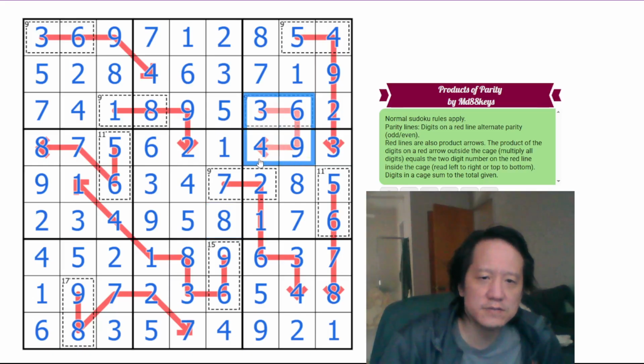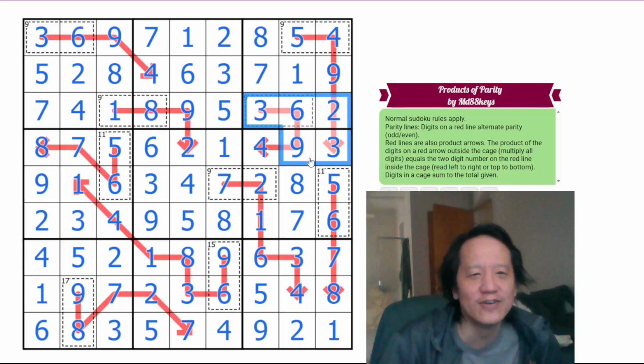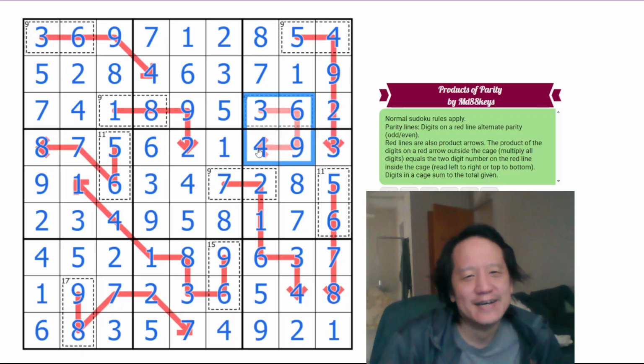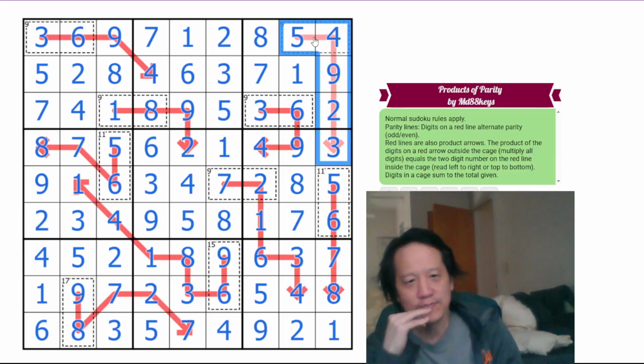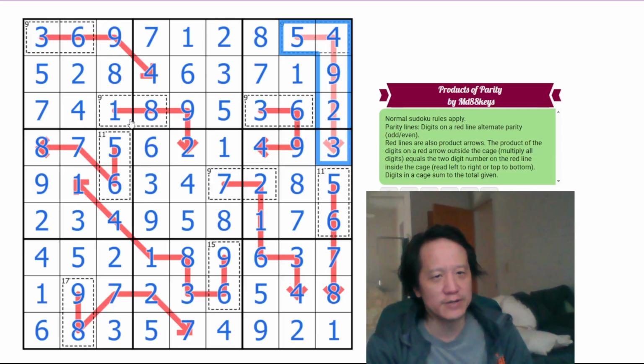Oh, I didn't even look at the parity. I just completely ignored the parity and said, what did these have to multiply to get together to? I think the parity should work, right? Odd, even, odd, even, odd, even.